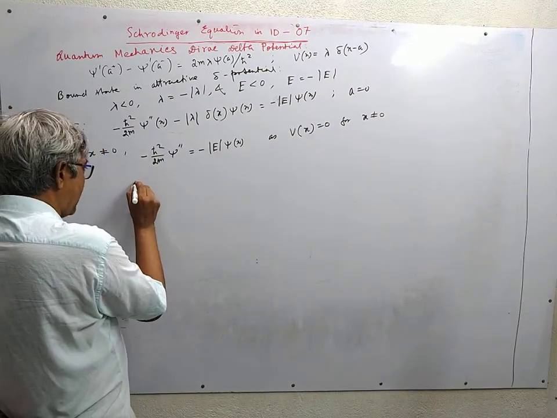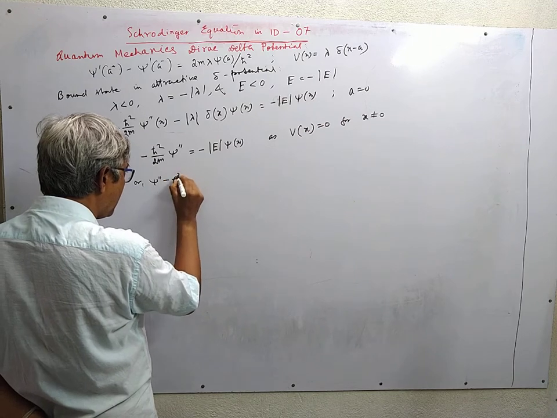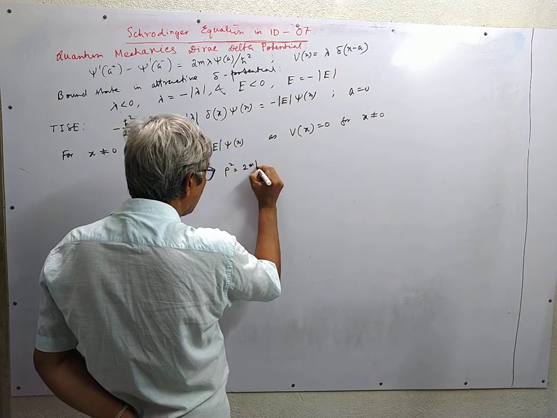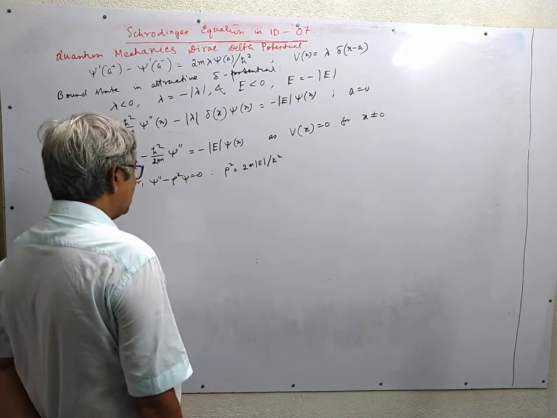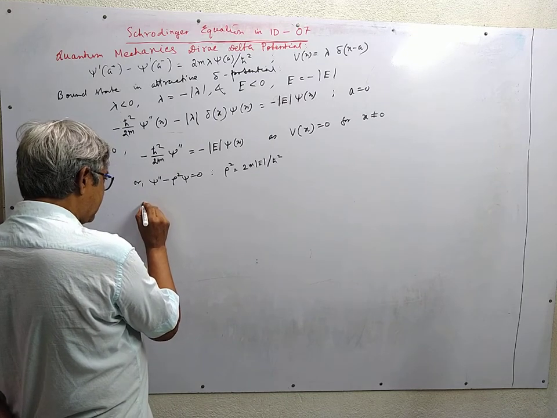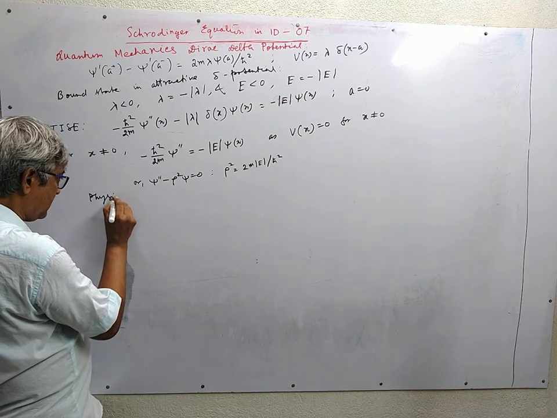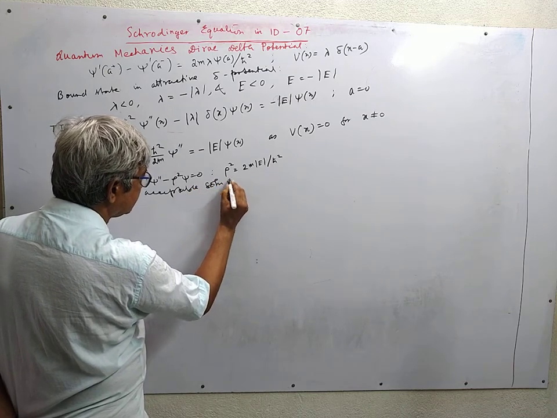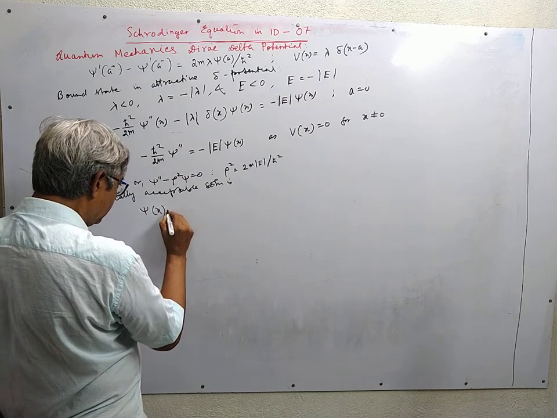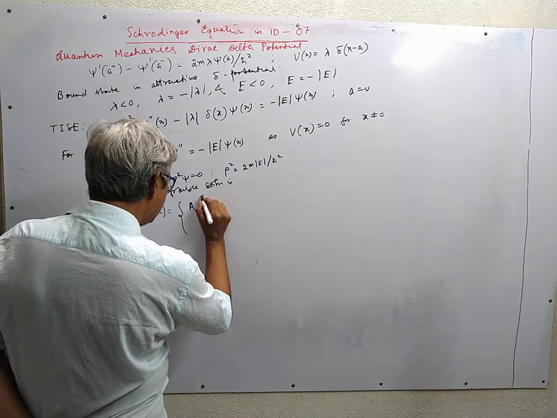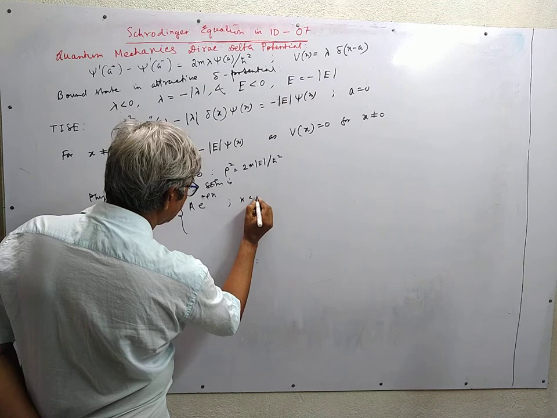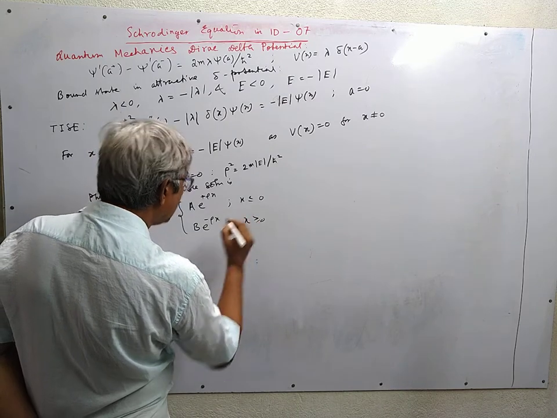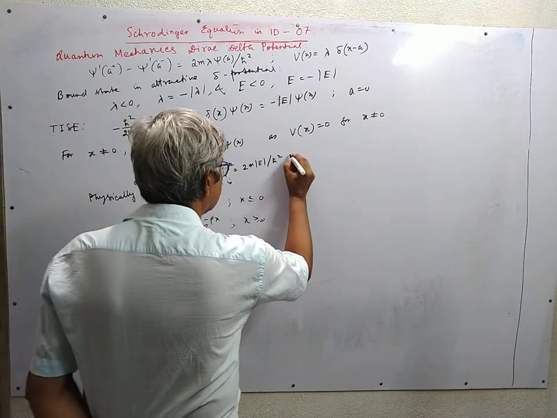So we can write this as... with... the solution of this, the physically acceptable solution is... and this is 0, greater than 0.